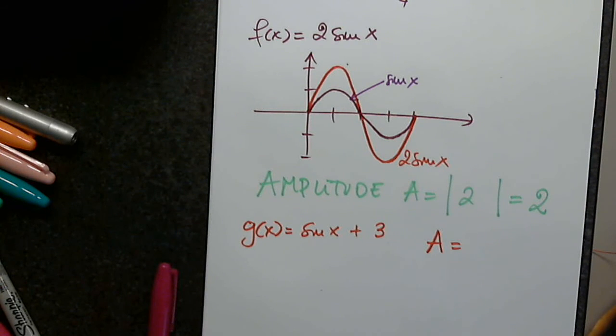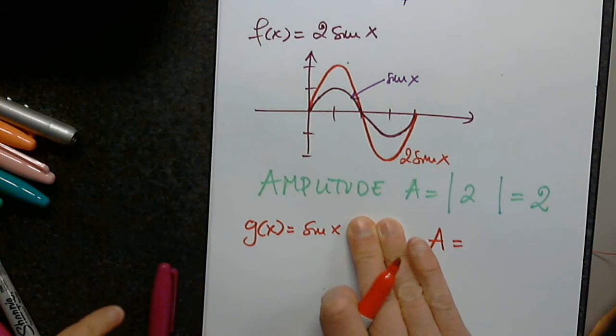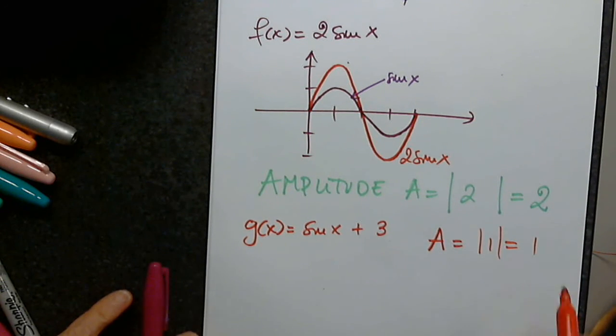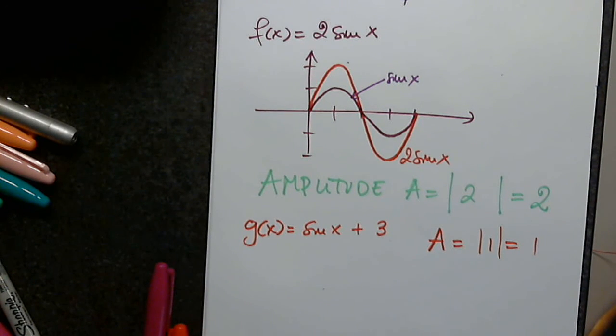So this does not have any impact on the absolute value of the number in front or the amplitude. The amplitude is still the absolute value of the number in front of sine. But now what transformation is this on sine? Where does it go?